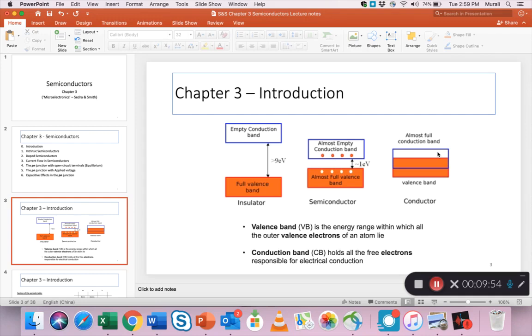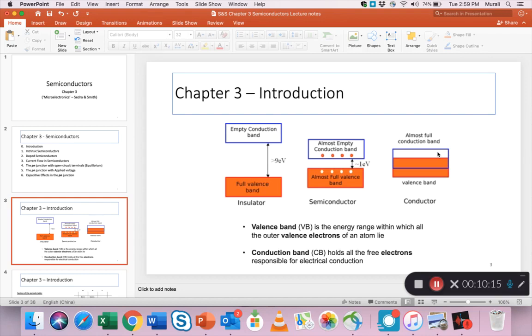So the valence band is not the conduction band. They are two separate items, obviously. So certain electrons reside, there are always electrons in the valence band. That's the outermost band of energy that the electrons possess.